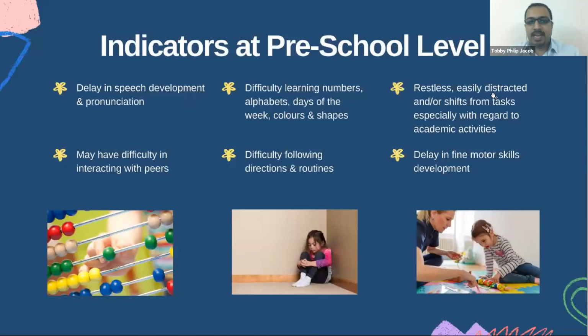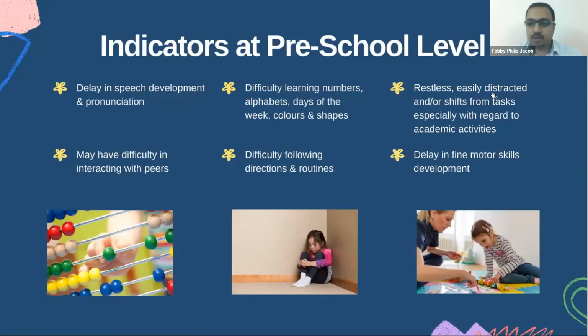A delay in speech might be one thing the child shows, which has to be noticed. There are children who show delay in learning, but as time goes on they will cope with it, while some children might not be able to cope and will show more and more difficulties in these areas.